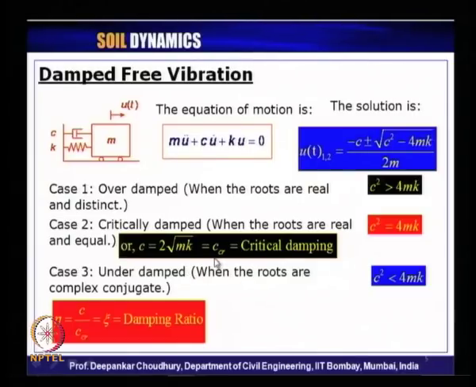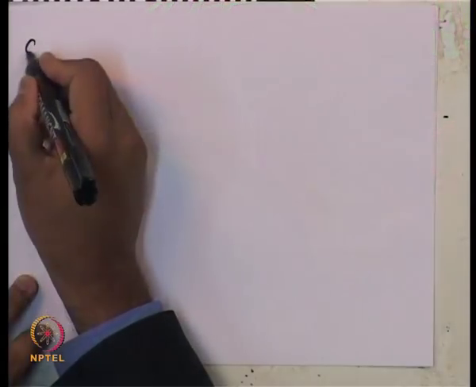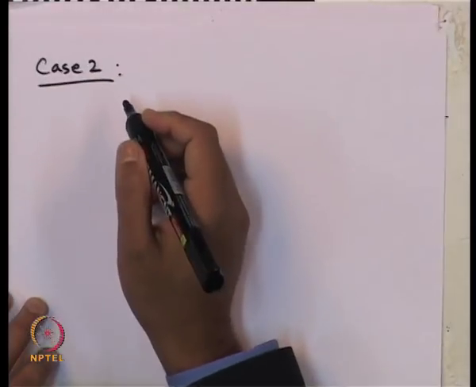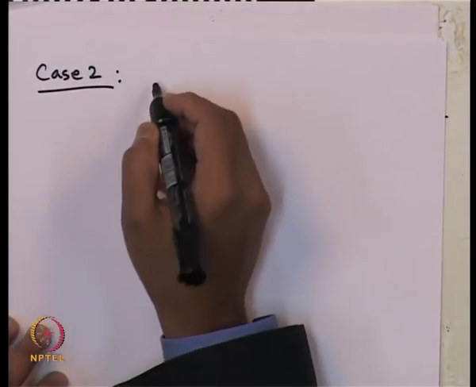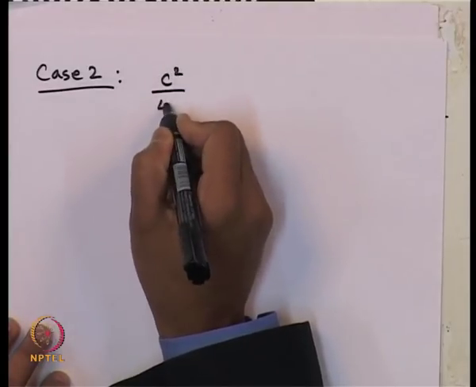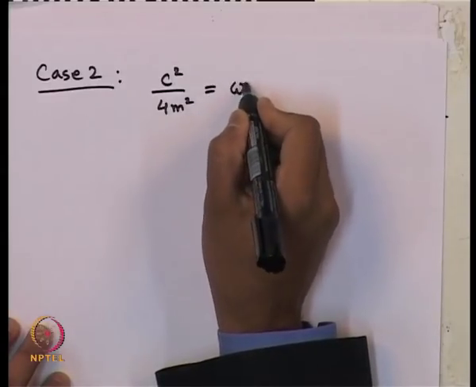Now, let us look at each of these three cases. First, let me start with case 2. Let us start with case 2 first, then I will go to case 1. So, for case 2, what we have, roots are real and equal, and for that condition we have seen c square by 4 m square has to be equals to omega square.